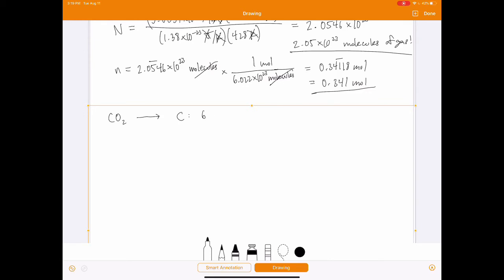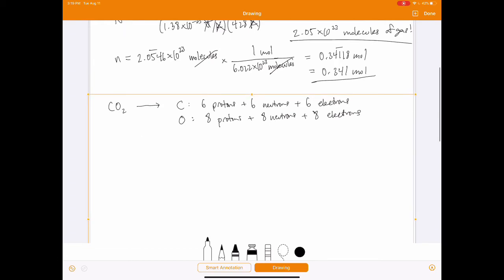Carbon has 6 protons, 6 neutrons, and it has 6 electrons. Oxygen, on the other hand, we saw this earlier, has 8 protons, 8 neutrons, and 8 electrons.